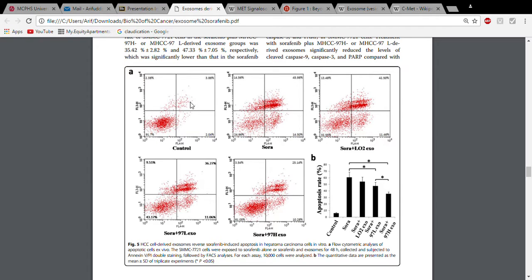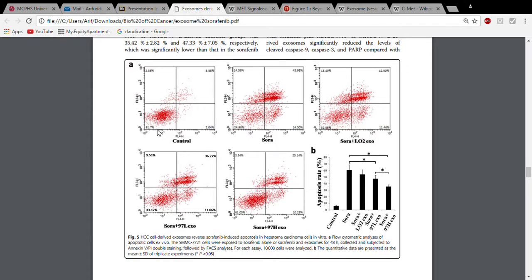These two quadrants indicate apoptosis: the top one is late apoptosis, the bottom one is early apoptosis. The top left quadrant shows necrotic cells, and this quadrant shows cells that are alive and functioning well.